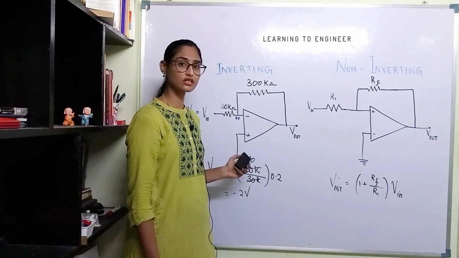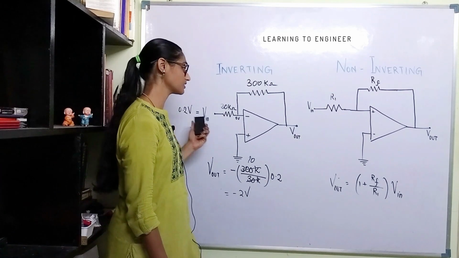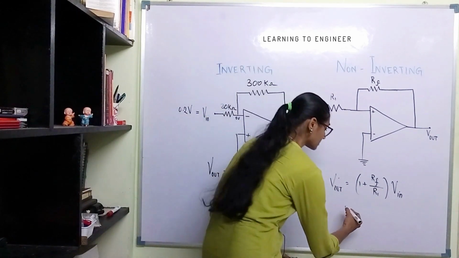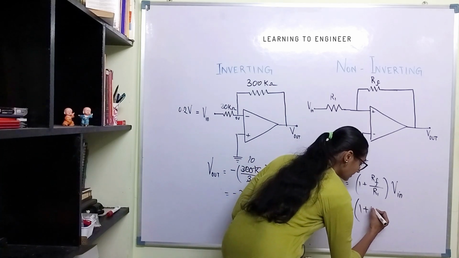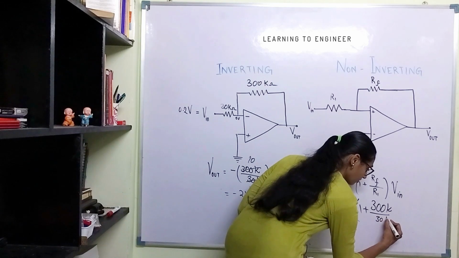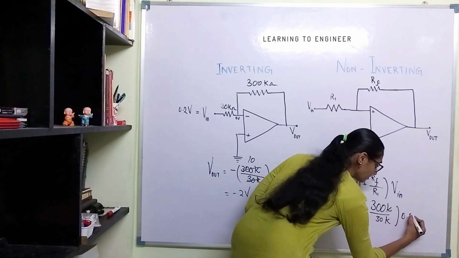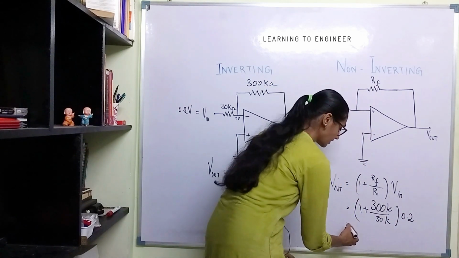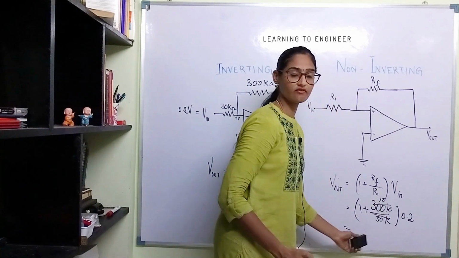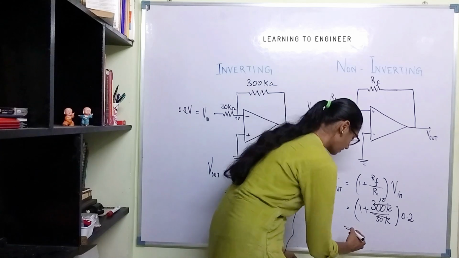For the same circuit, if this supply is present at the non-inverting terminal, you have to use this formula, which is 1 plus 300 kilo ohm divided by 30 kilo ohm, times the input 0.2. So the answer will be 1 plus 10 is 11, and 11 into 0.2 will be 2.2 volt.